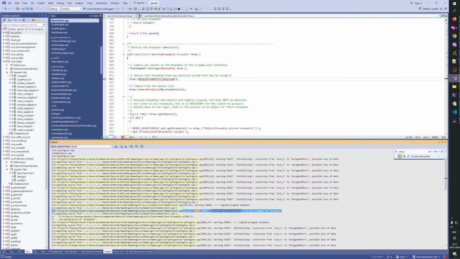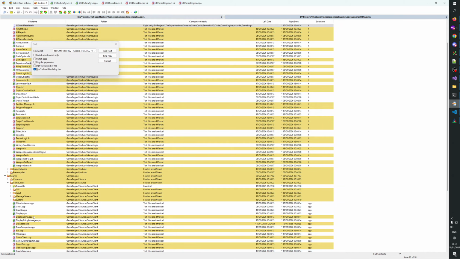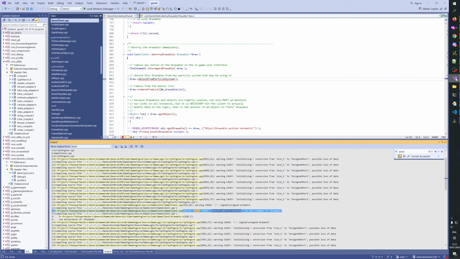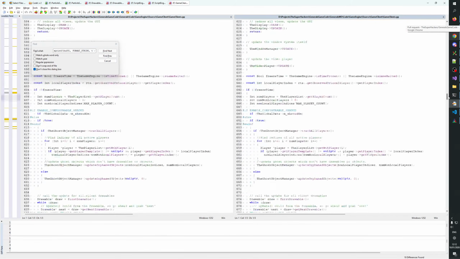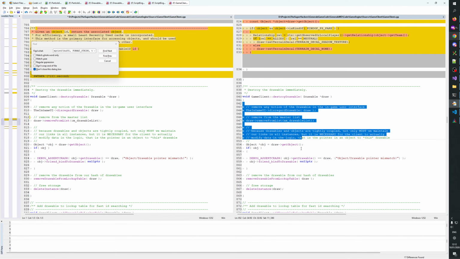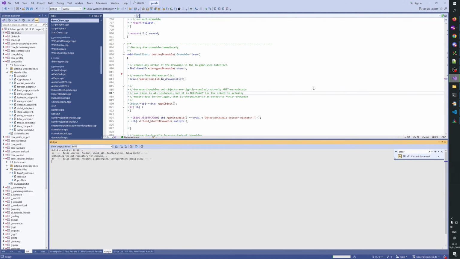So let's go to game client CPP, there we go, line 3813. Fantastic. Okay, cool. Let's see if that compiles now.